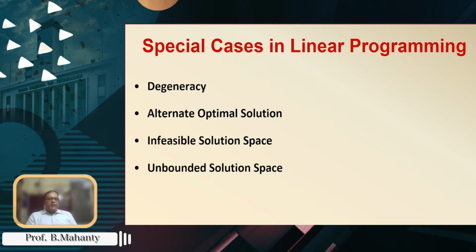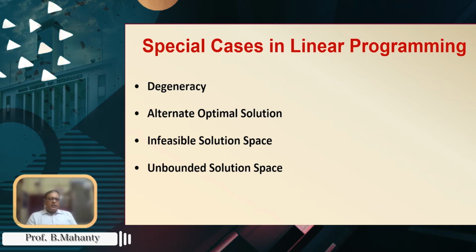We shall be discussing, out of these linear programming problems, 4 different cases. What are they? First one is degeneracy. The second one is alternate optimal solution. Third one is infeasible solution space, and the fourth one is the unbounded solution space.